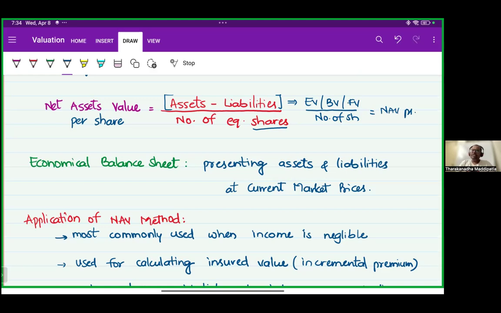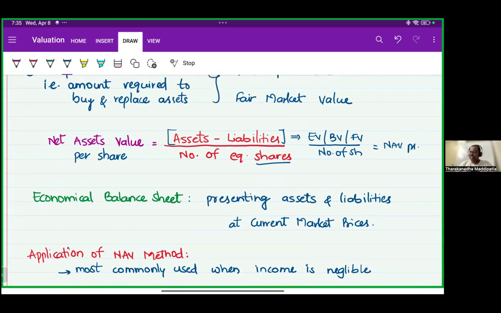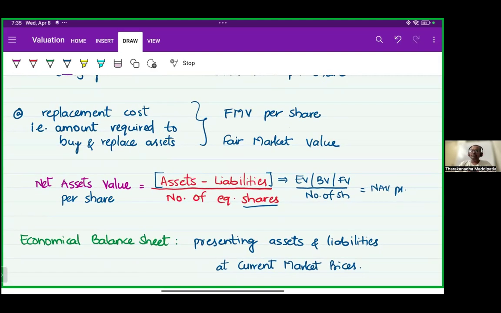Let us learn about a new concept called economical balance sheet. In an ideal scenario, balance sheet refers to presentation of assets and liabilities at a point of time. Let us say as on 31st March 2026. What is the value of my assets and liabilities?